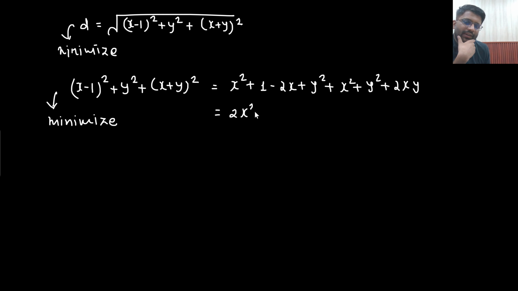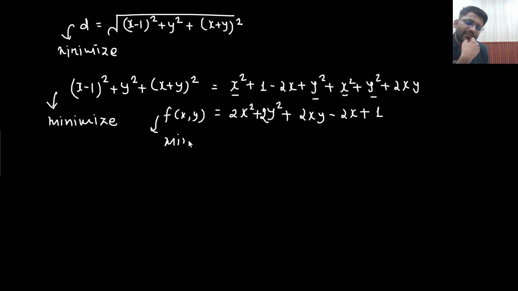So it is 2x square plus 2y square plus 2xy minus 2x plus 1. y square there are 2 times, x square there are 2 times. This is the scenario. So this is your function of x comma y. This is something I need to minimize.